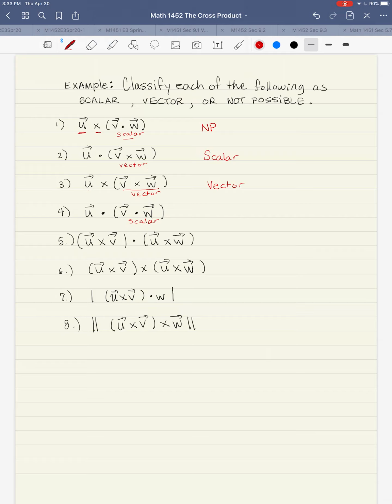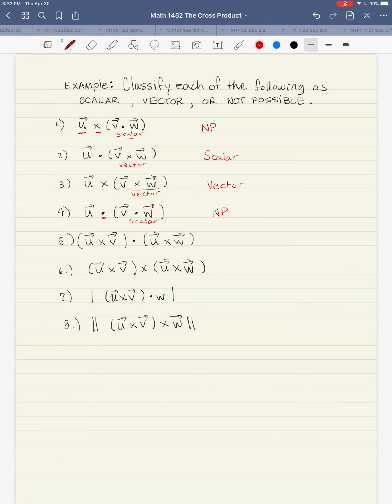For the next one, we've got a dot product between two vectors, and that's a scalar. And now this dot is not a dot product anymore. It would be scalar multiplication of a vector. So if we think of this as times, then scalar times a vector is a vector.